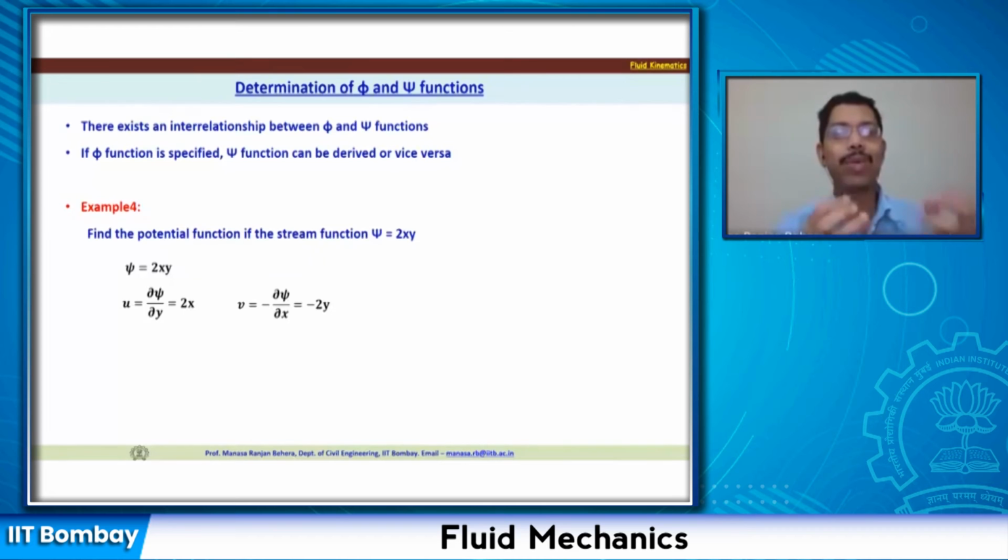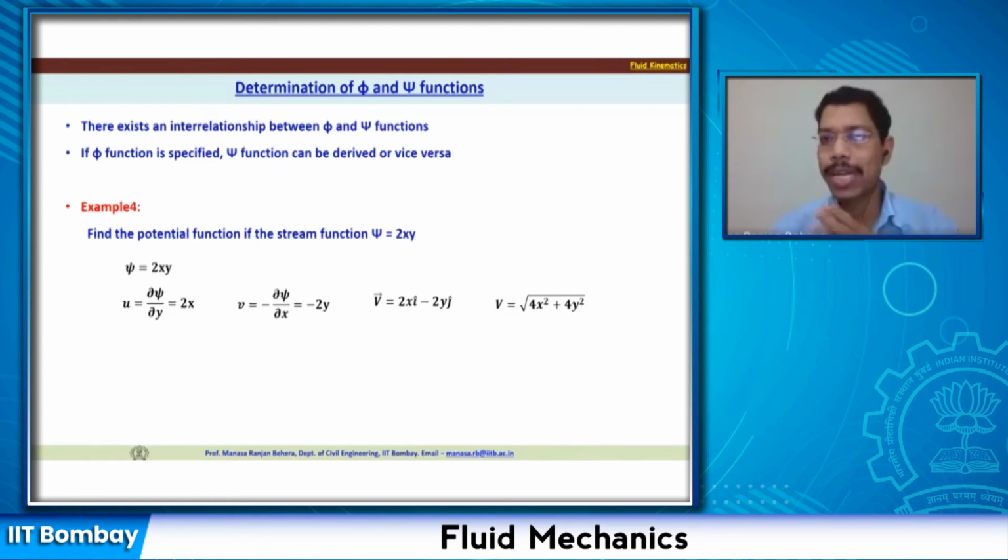Can I not take this u and v and find out my phi function? So I know that the negative gradient in any direction gives me the velocity in that direction. So let us say my velocity in the x direction is u. So I know minus dou phi by dou x is u. So I'll equate that. If I equate that, I'll get it.